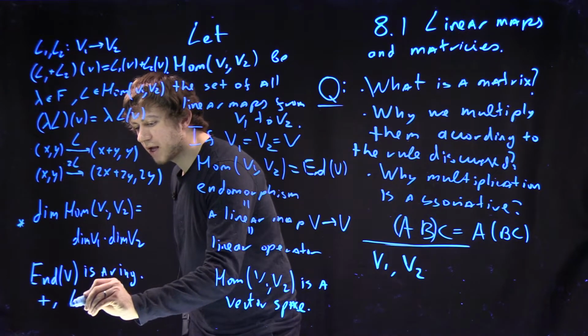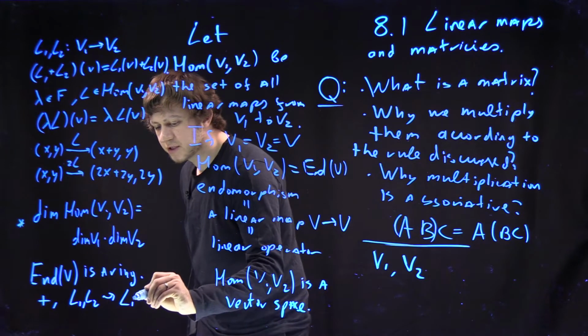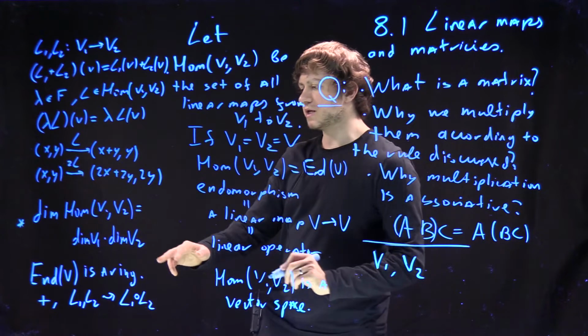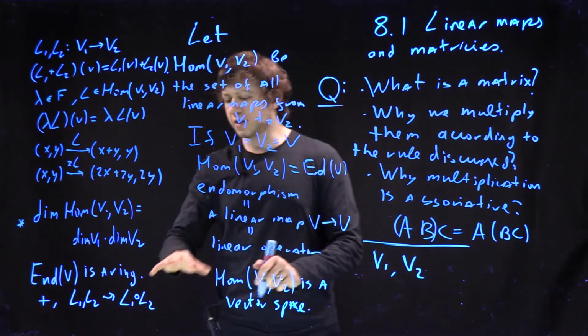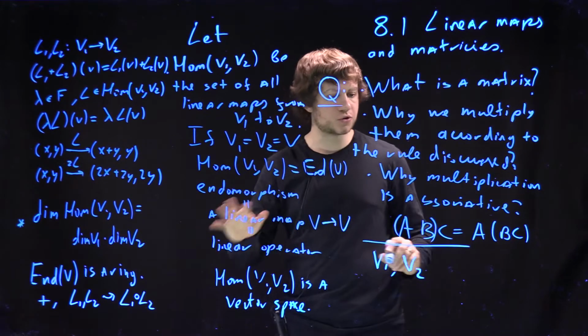So if you have L1 and L2, you can take the composition. And that's also a linear map. And it's not commutative, but other than that, it's fine. And in particular, if you have absolutely any maps, composition is always associative.